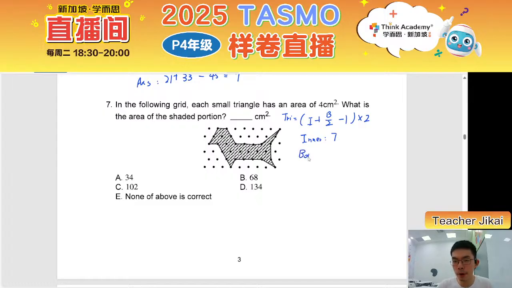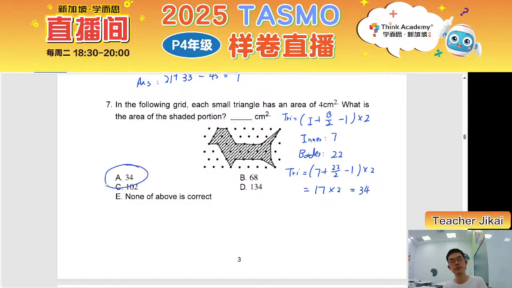And how about the border dots? 22 here. So for the triangles, we have 7 plus 22 divided by 2 and minus 1, times the 2. So it will be 17 times 2, so we have 34. Is the 34 our answer here?